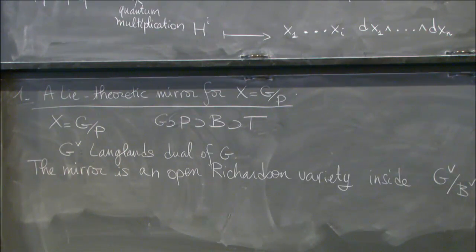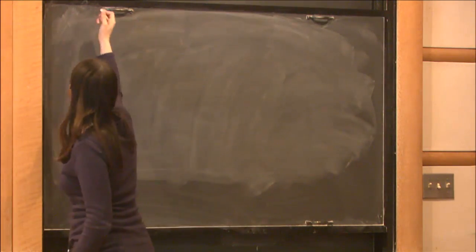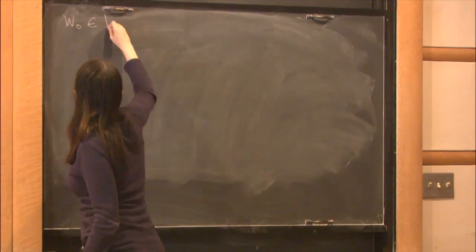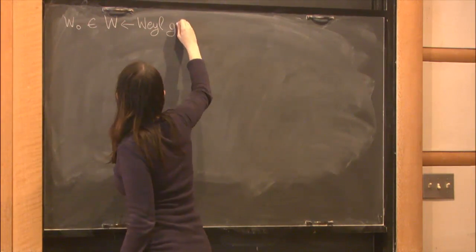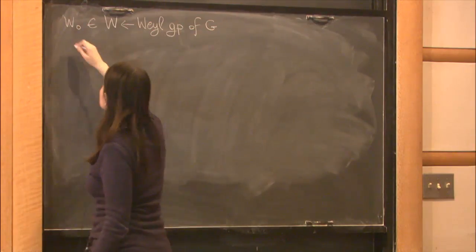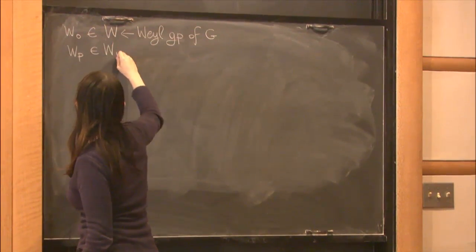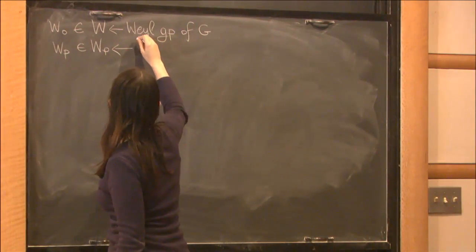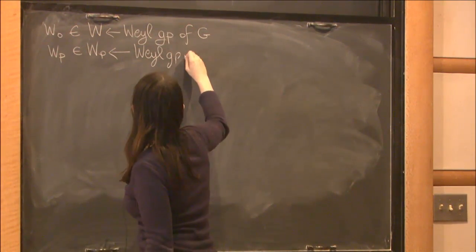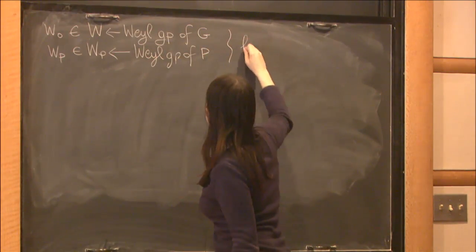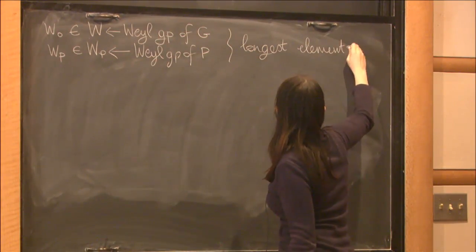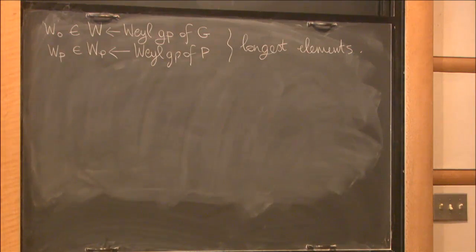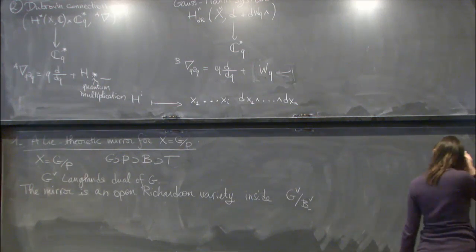Okay, so maybe we can give a little bit more detail. I denote by W0 the longest element inside the Weyl group of G, and WP the longest element inside the Weyl group of the parabolic P. Actually here I should take the opposite, doesn't matter very much.